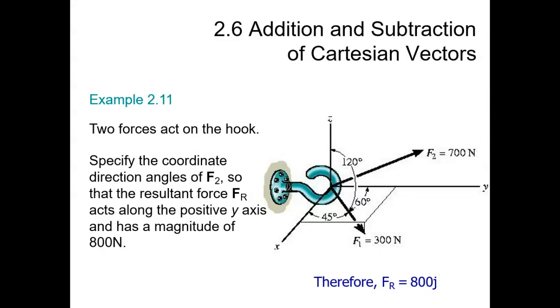For F1, we have both the magnitude and the directions. So how do I do that? Okay, so we have to write this as a vector equation. And I know that the resultant is only having a positive y component, which is equal to 800. So let me write this one for you.